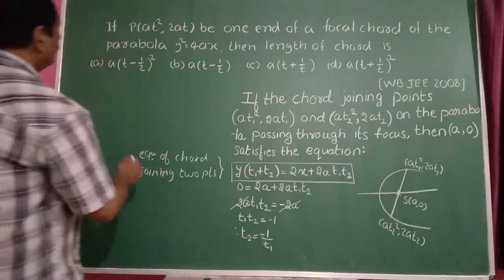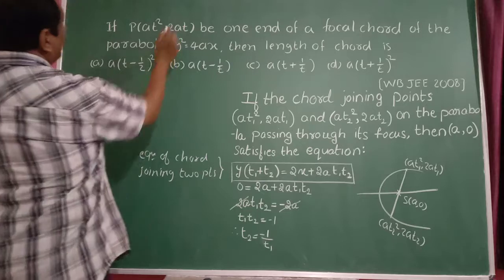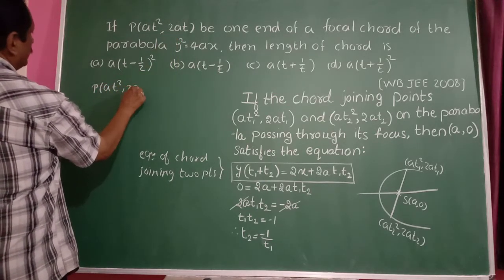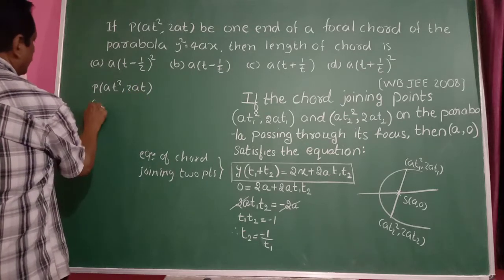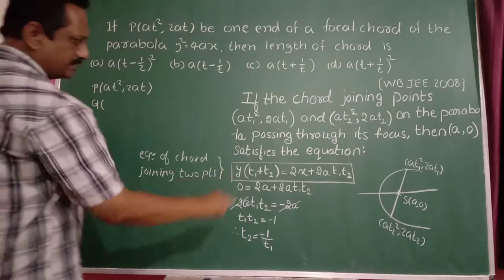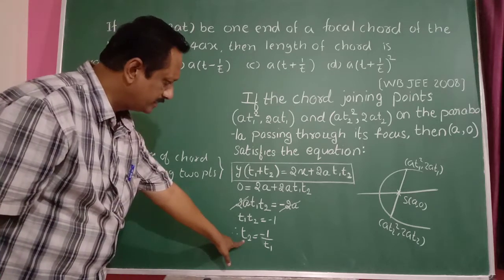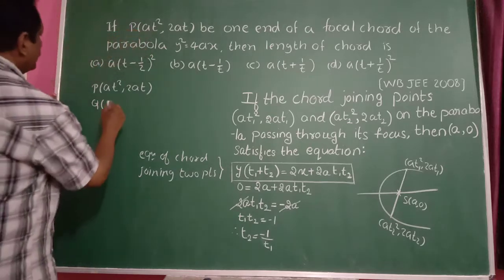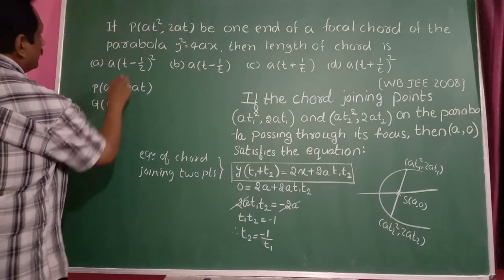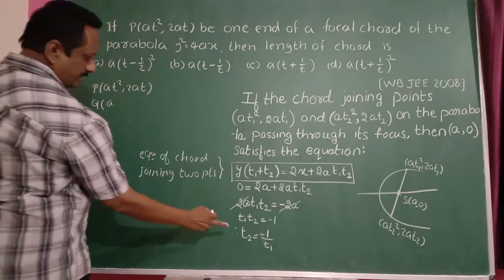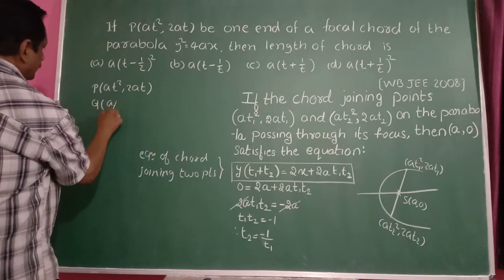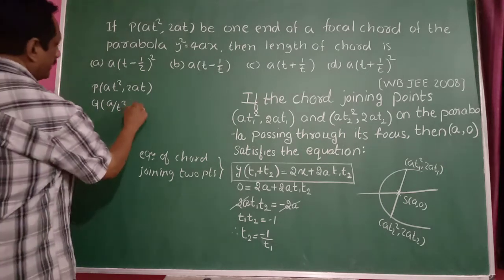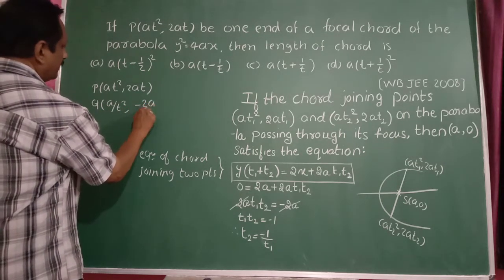Here one end is P (at squared, 2at). Therefore the other end has t2 equal to minus 1 upon t. Substituting, a into 1 by t squared becomes a by t squared, and 2a t2 becomes minus 2a divided by t.